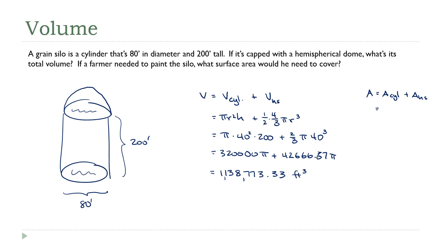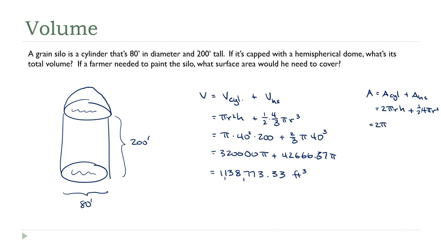So the lateral area of a cylinder is 2 pi r h. And the area of a sphere is 4 pi r squared. But again, we just have half of one. All right, so we put our numbers in.